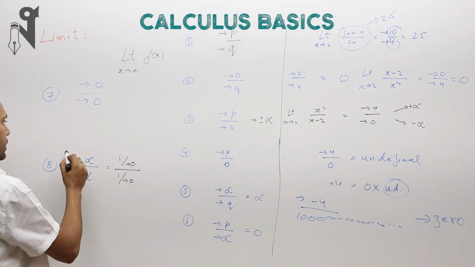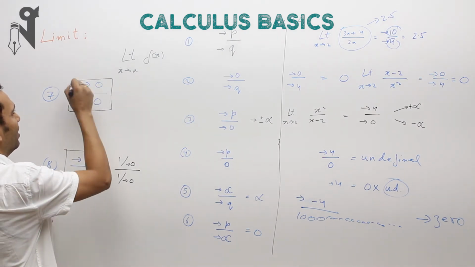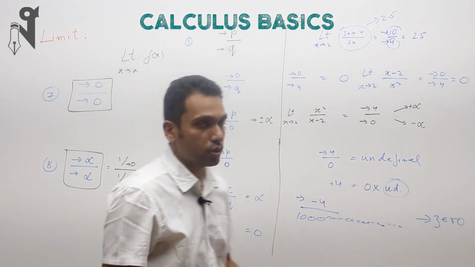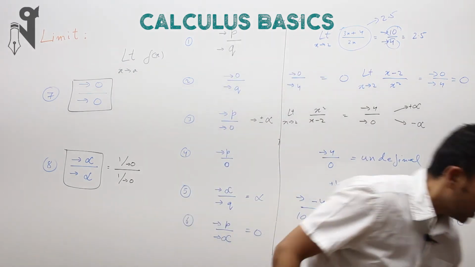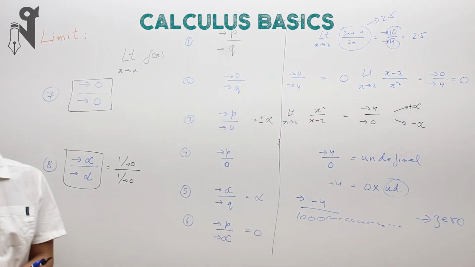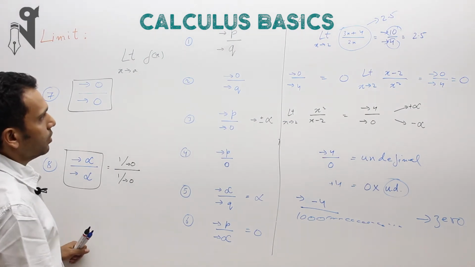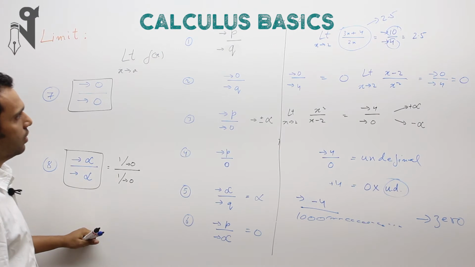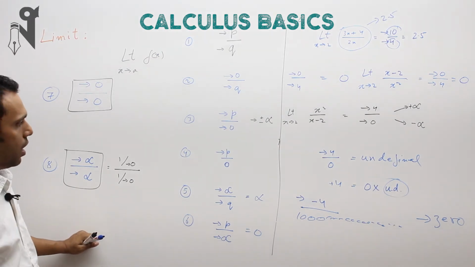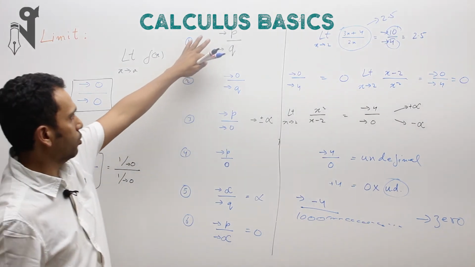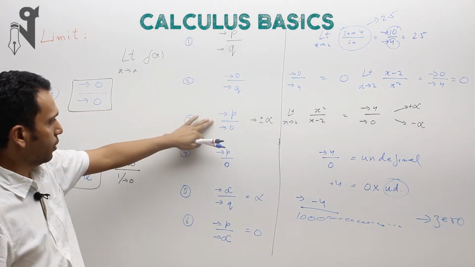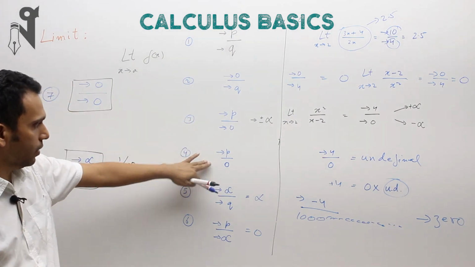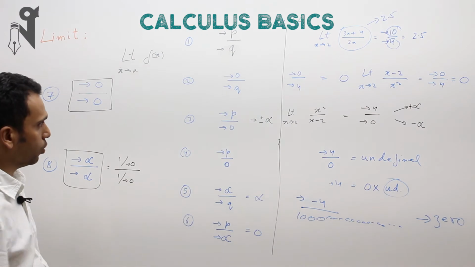But anyways, this and this is where we are using our expertise of maths and algebra to get a proper answer. Otherwise, these cases are hardly to be evaluated. Here you have to do some calculation. Here it would be 0, here it would be infinity, here it would be undefined, here it will be infinity, here it will be 0.